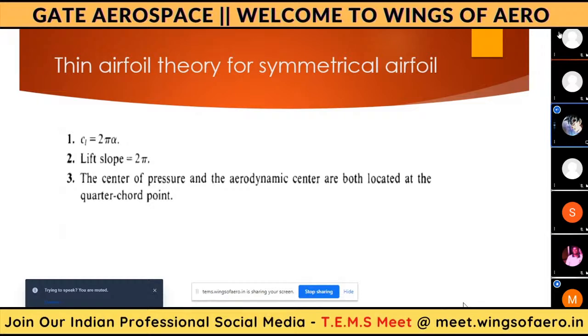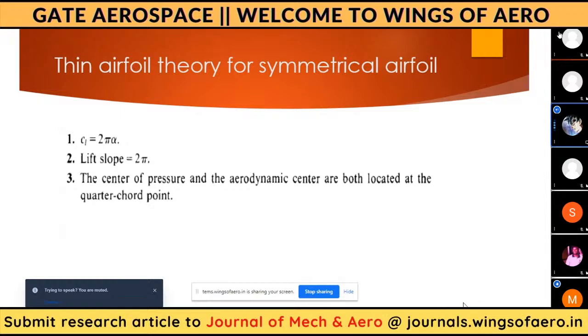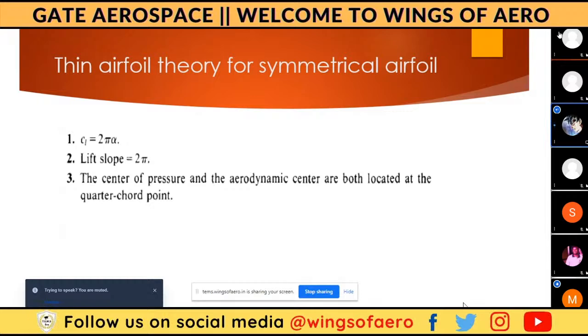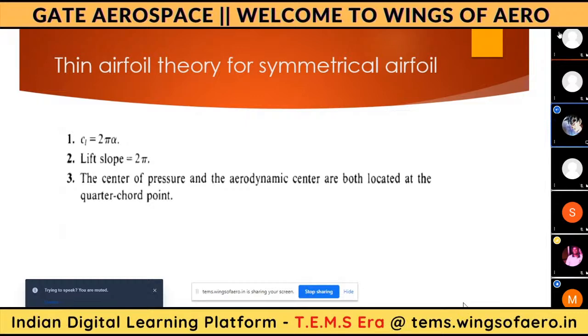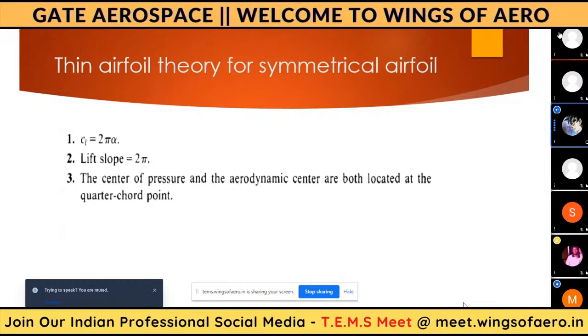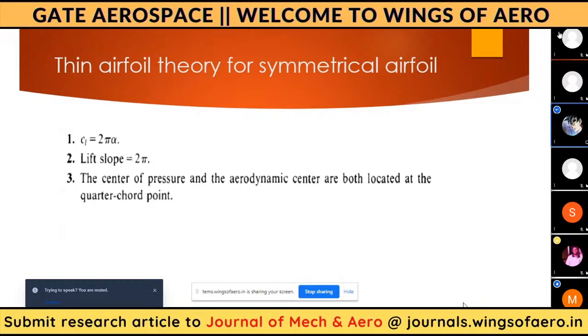For symmetrical aerofoil, as per the fundamental equation of thin aerofoil theory, we will be neglecting the dz by dx term. But for cambered aerofoil, the dz by dx term is not equal to 0. And the value of lift curve slope is 2 pi, and it is the same for all aerofoils.